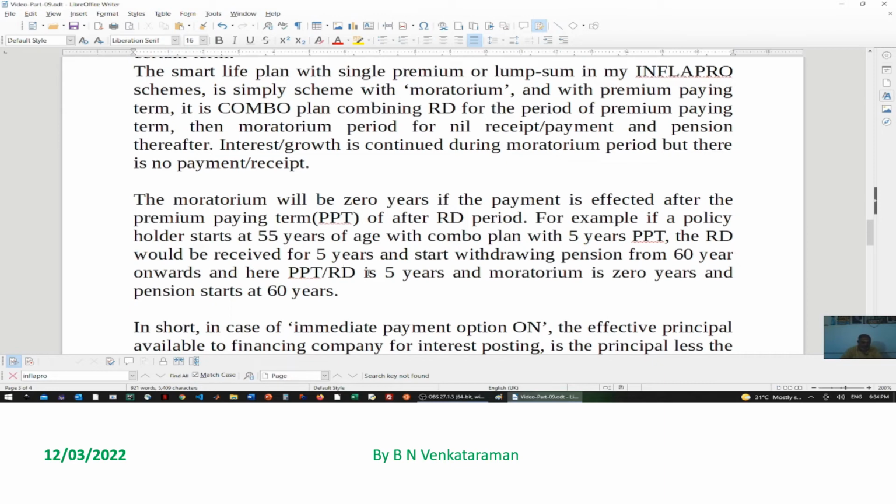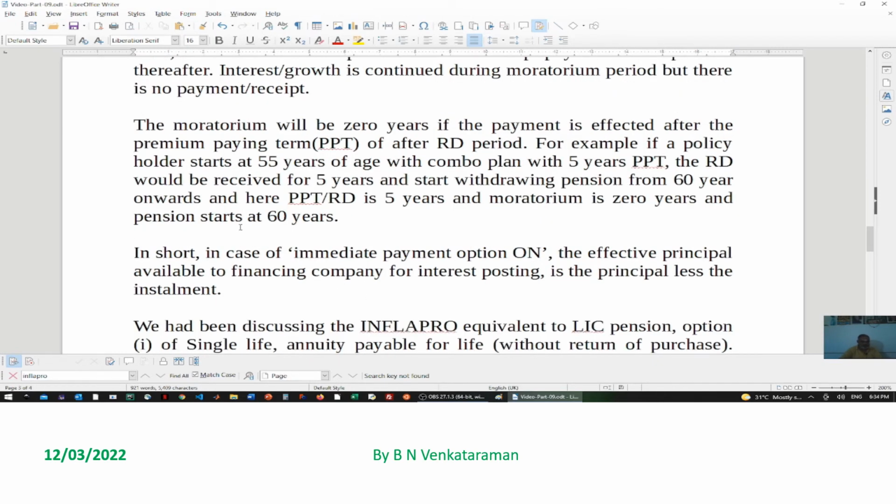And here PPT or recurrent deposit is 5 years, moratorium is 0 years and pension starts at the age of 60. In short, in case of immediate pension on, the effective principal available to the financial company for interest posting is principal less installment.